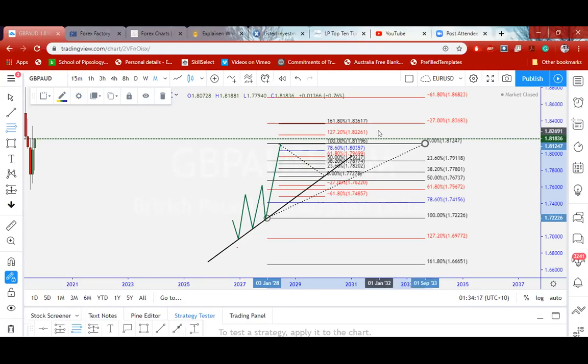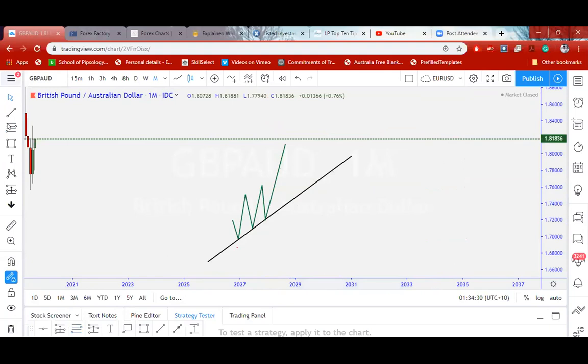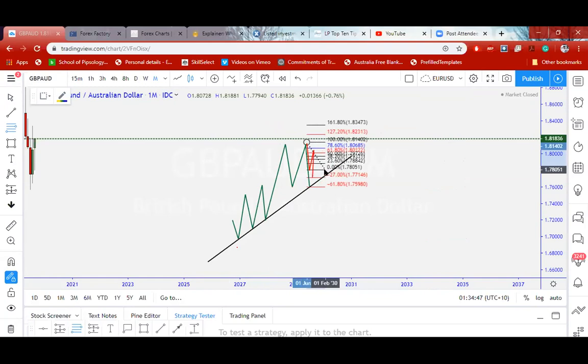Okay, I change just a little bit this pattern. You can delete your Fibos. Okay, what is the pattern? This one is a natural M. Okay, let's put the Fib on the correct place. Wait, I'm not finished yet.